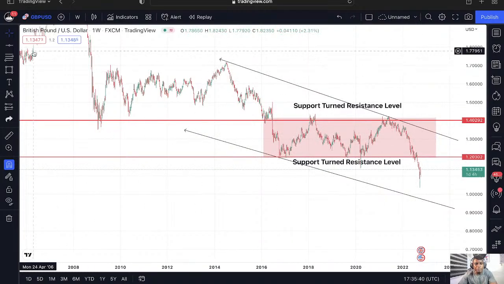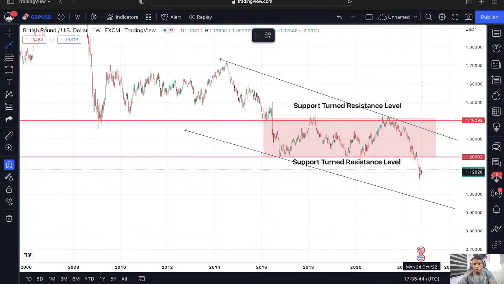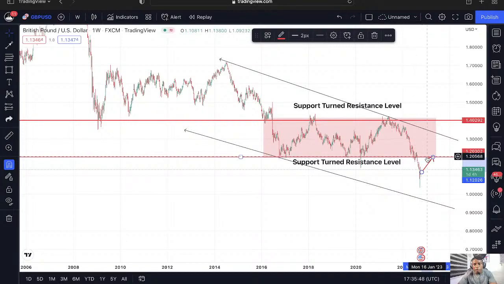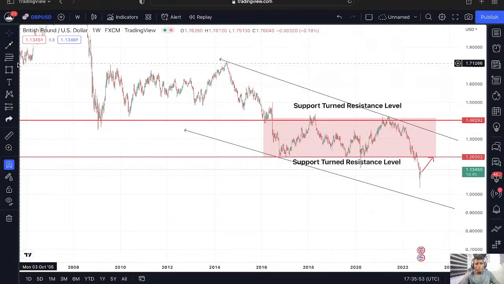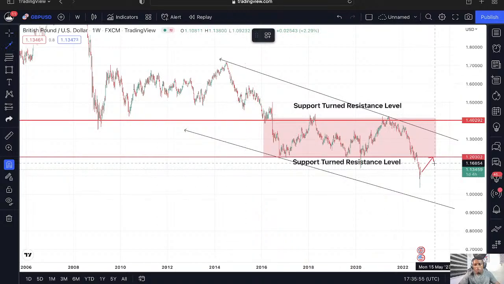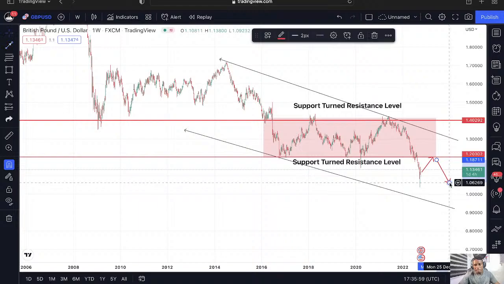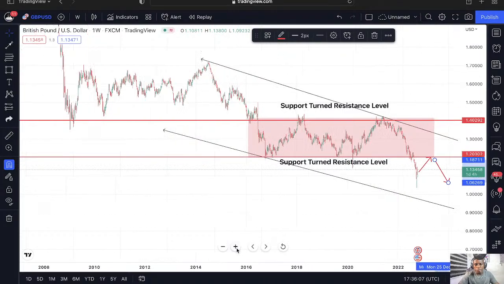So what do we expect might most likely happen here? A pushback to this resistance level before a continuous fall in price. So there will most likely be a pushback up and then a continuous fall in price.